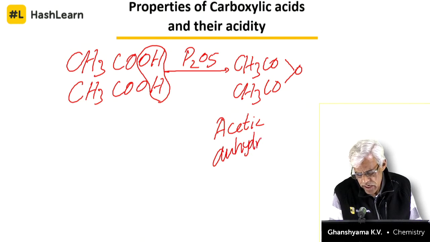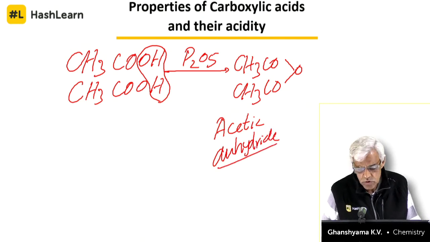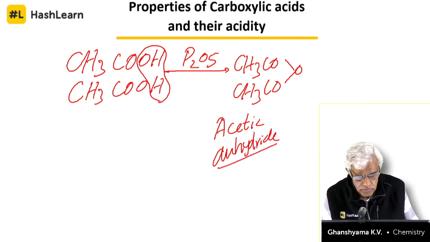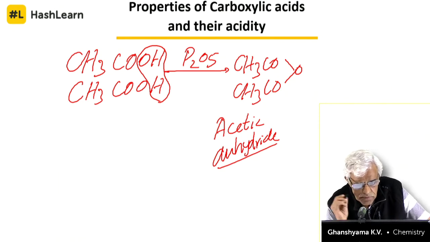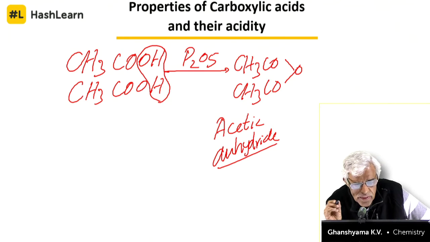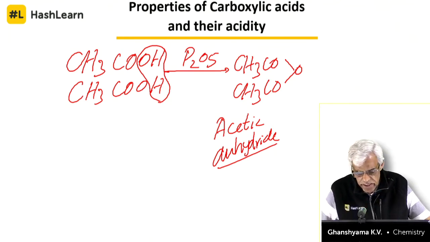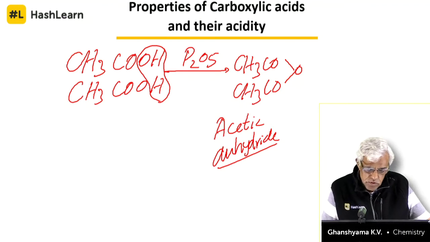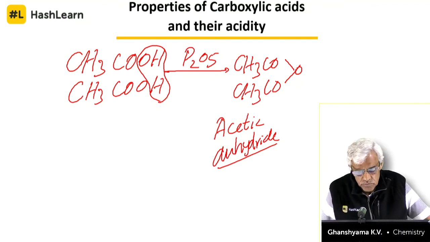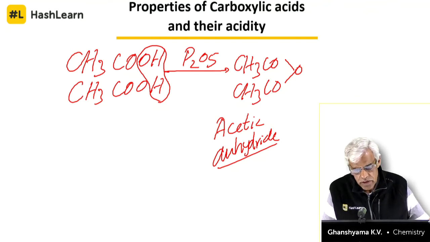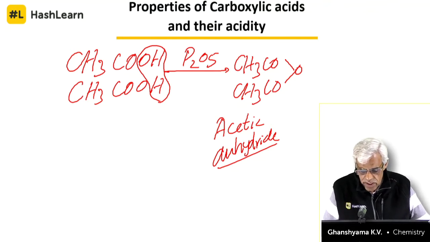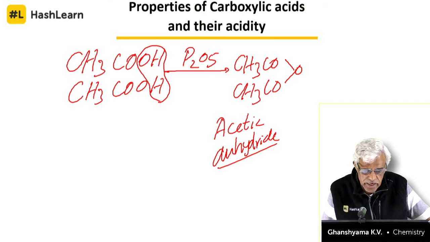The amide gives a nitrile, a cyanide. So, acetic acid when heated with phosphorus pentoxide undergoes dehydration, giving acetic anhydride.